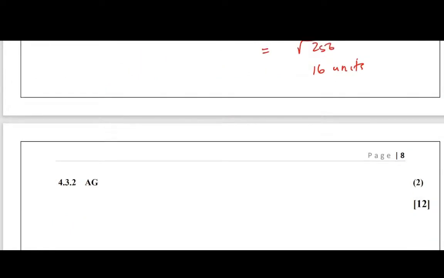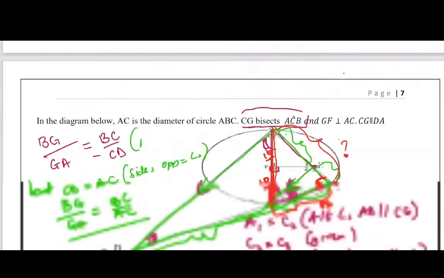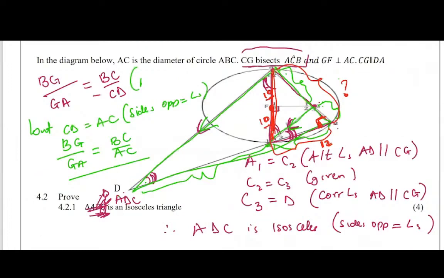And then 2, they want us to get the length of AG. Where is AG? From here up to here. So if this is 16, we need to find this shorter one.